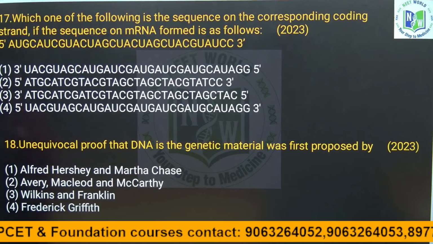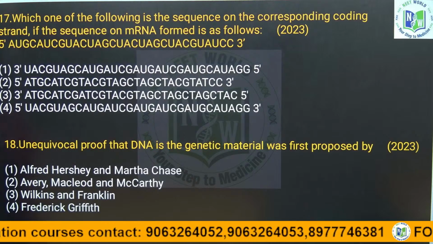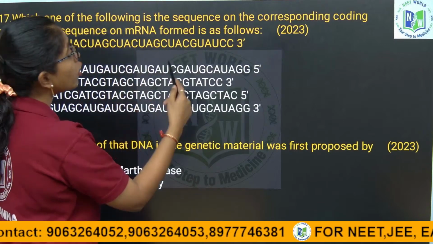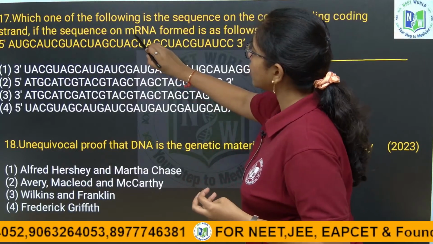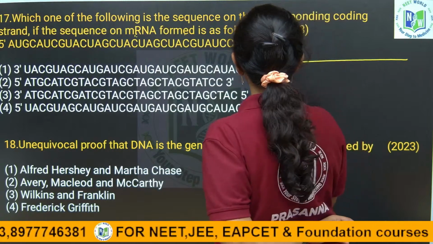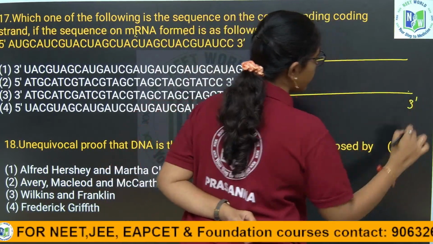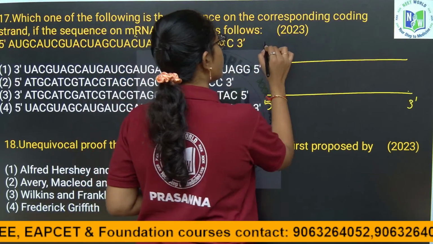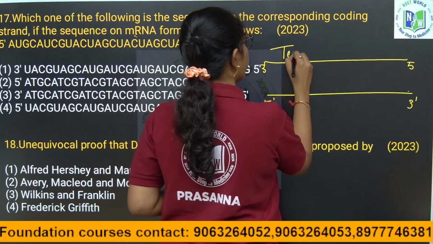Next, here the question is, which one of the following is the sequence on the corresponding coding strand? In the coding strand what is the sequence he is asking? If the sequence on the mRNA is as follows. So, he has given us the mRNA sequence from 5 prime to 3 prime. The mRNA sequence will be complementary to the template strand which is from 3 prime to 5 prime.